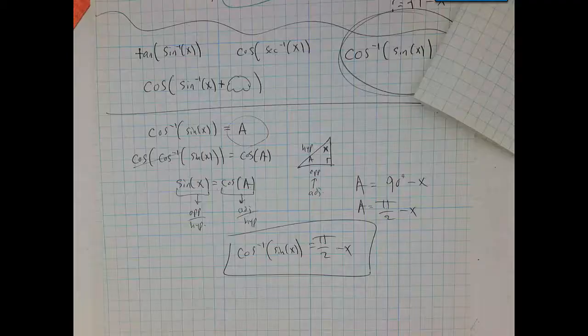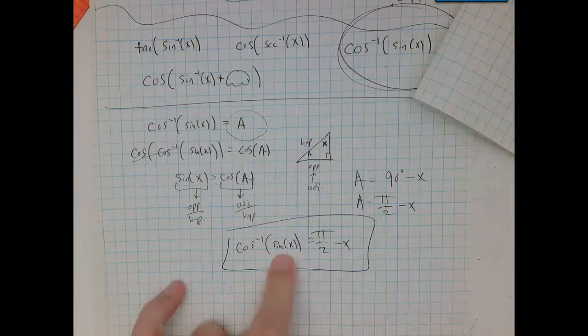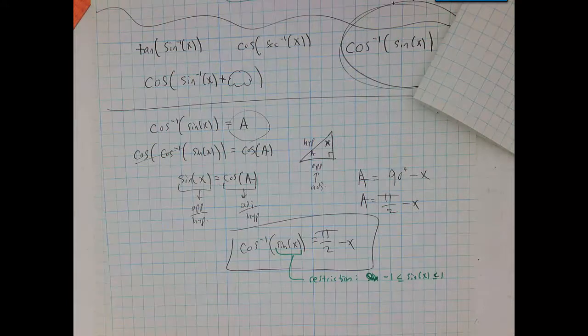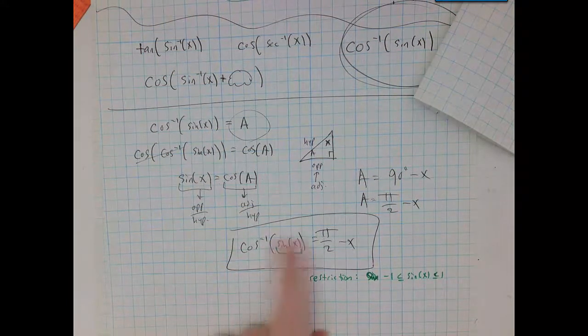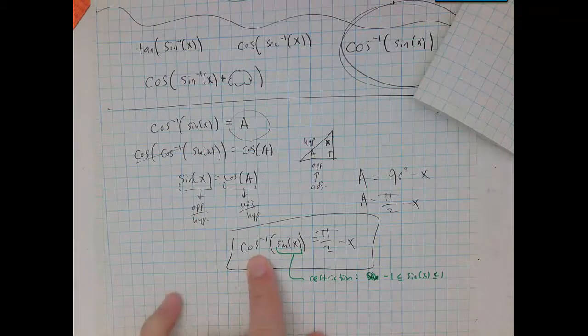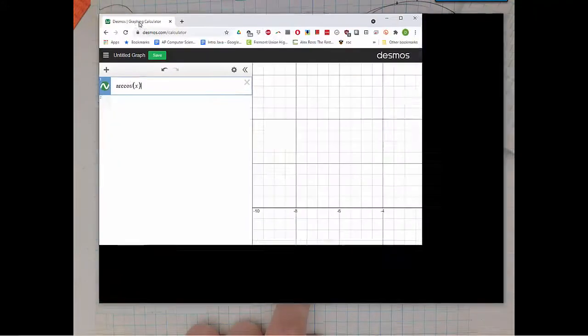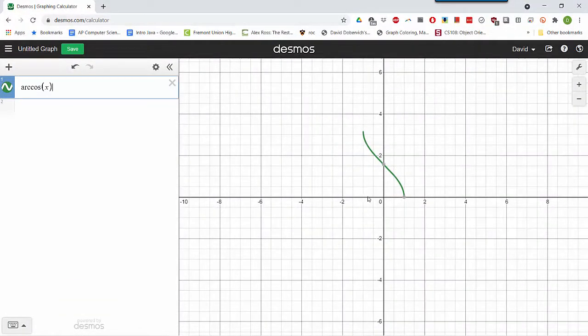So what's going on? Remember that the output of the sine function has to be between -1 and +1. And if you consider this to be the input to inverse cosine, that means the input to inverse cosine is between -1 and +1, which it should be because those are the only valid inputs.